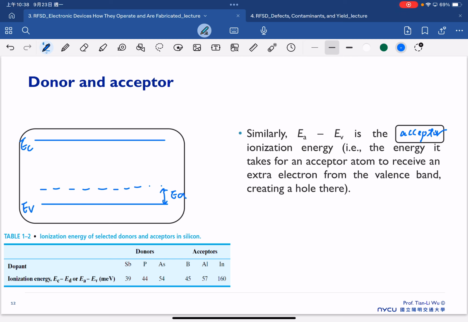So that's how we define this as an acceptor energy level and also the acceptor ionization energy. But in general, these ionization energies are pretty small, so usually we don't have to worry about this in the case of silicon.